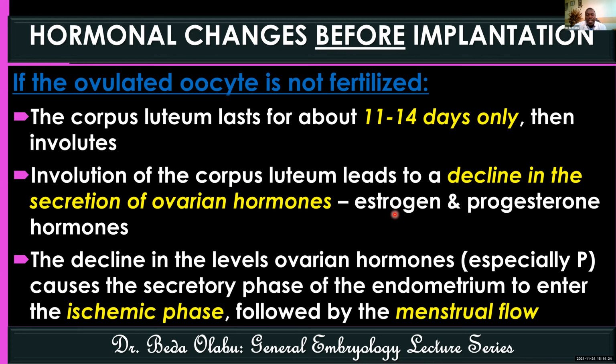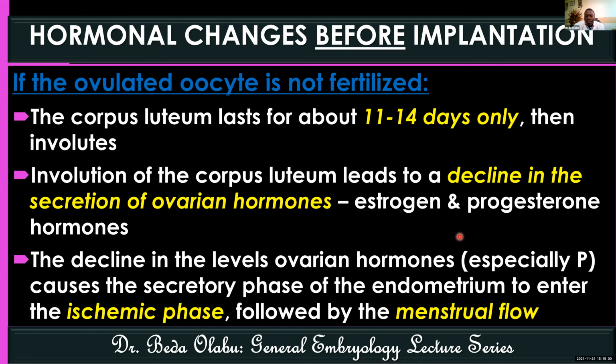Because of the decline in these ovarian hormones, especially progesterone, the secretory phase of the endometrium cannot continue. It will enter into the ischemic phase, which will then be followed by the menstrual phase. If you remember the lecture on female reproductive cycles, that should be clear to you. So this is what happens when there is no fertilization and no pregnancy.